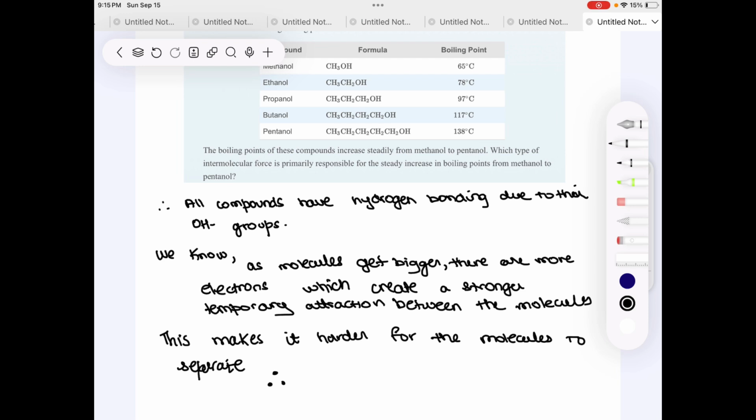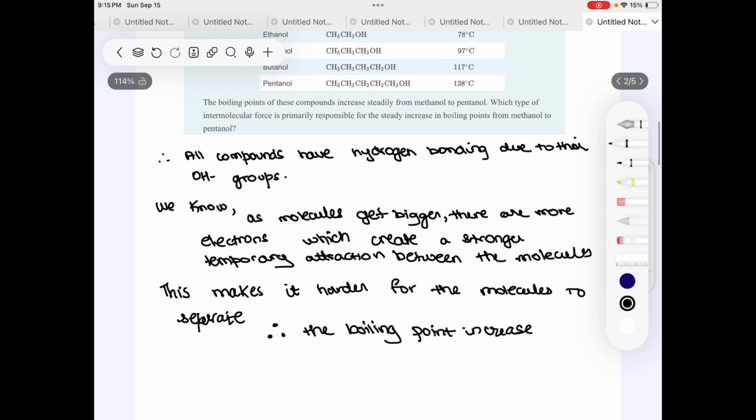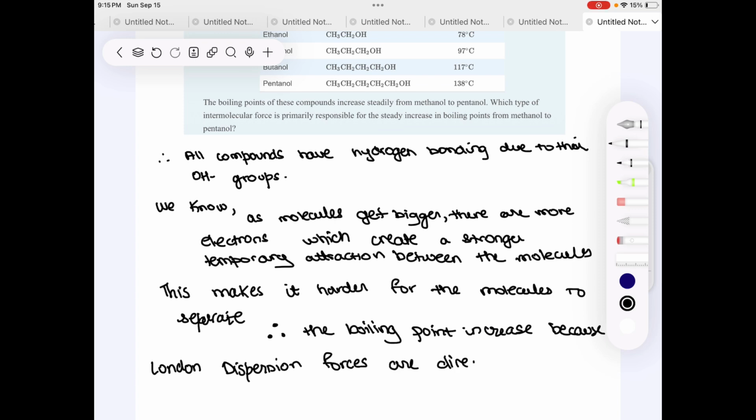Therefore, the boiling point increases. Because London dispersion forces are directly proportional to the size of the molecules.